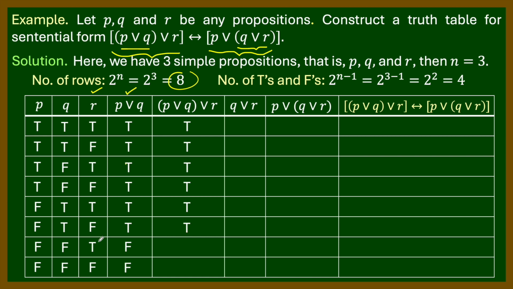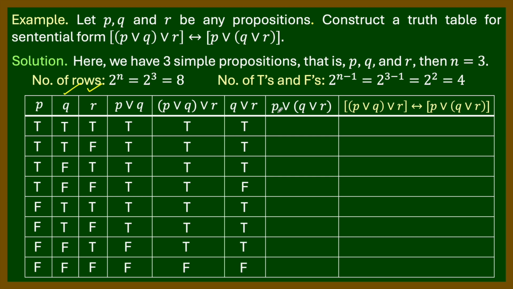And T disjunction F or F disjunction T is also true, except for F disjunction F, which is false. Q disjunction R: TT, true. TF, true. FT, true. FF, false. And same reasoning.